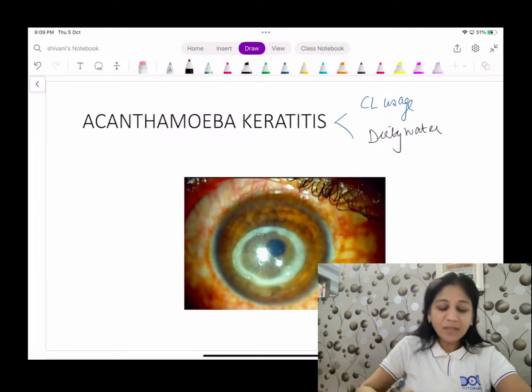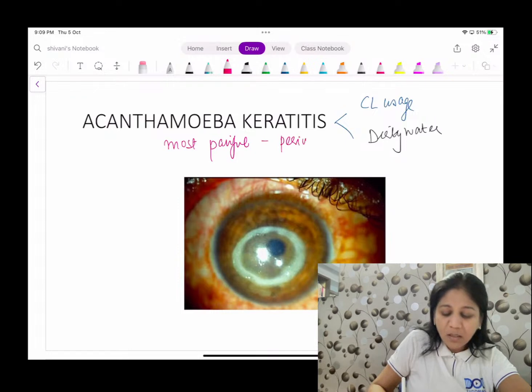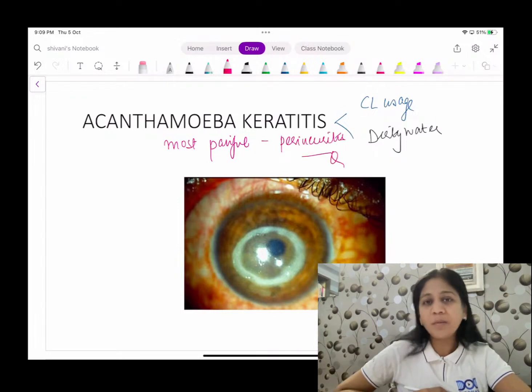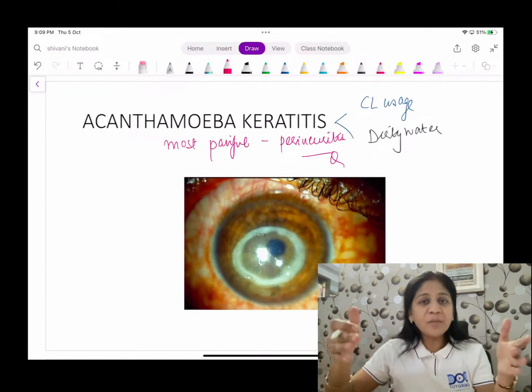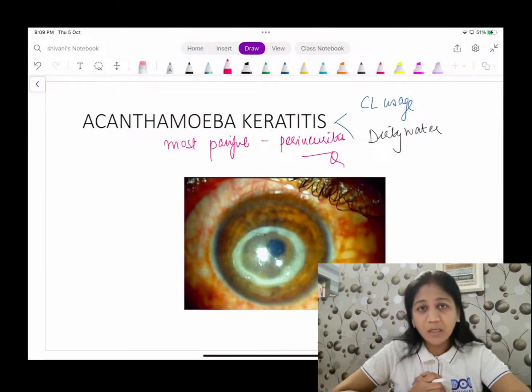Now remember, this ulcer is the most painful ulcer because it causes perineuritis. The meaning of the term perineuritis is that it leads to inflammation of the peripheral corneal nerves. So it leads to the inflammation of the nerve endings itself. That's why this ulcer is very painful.